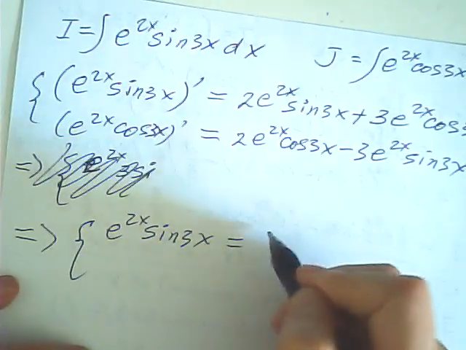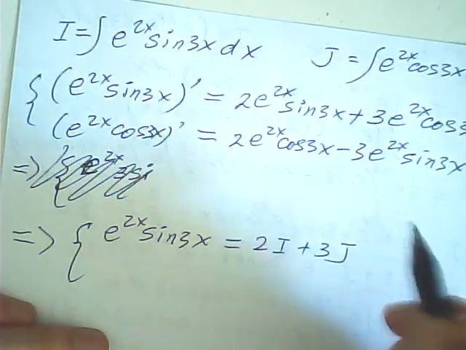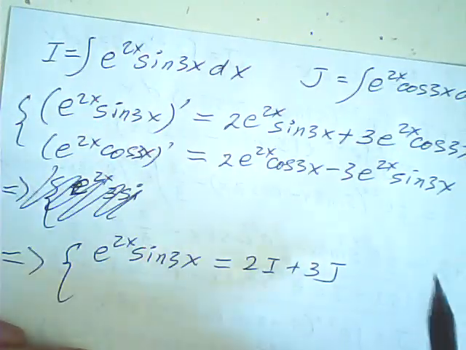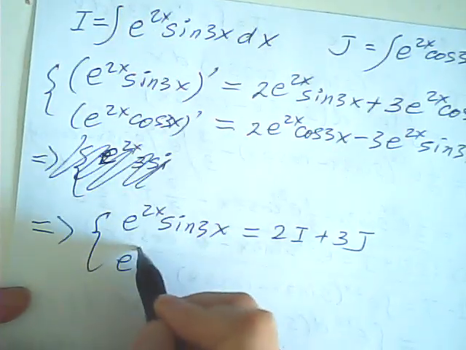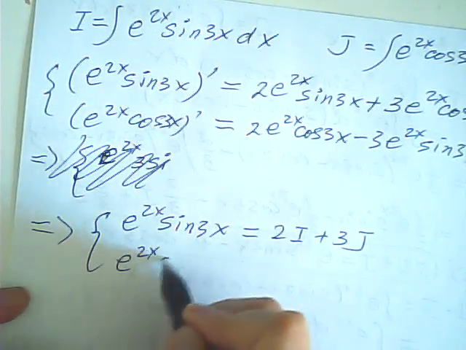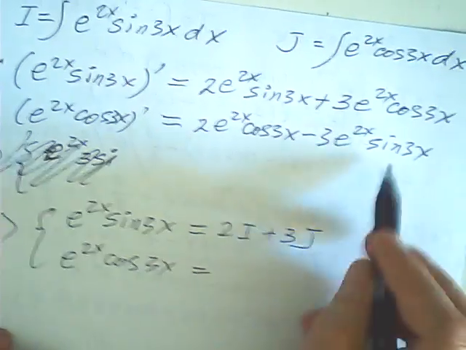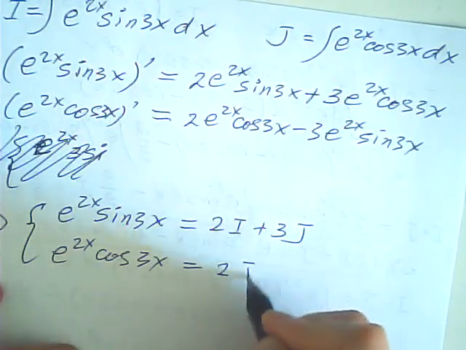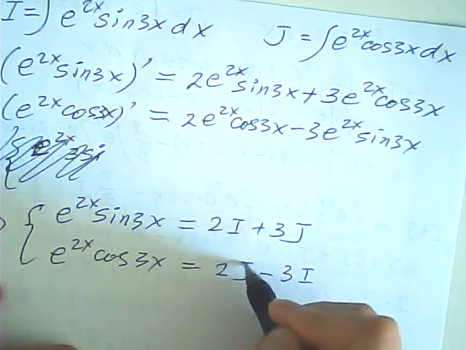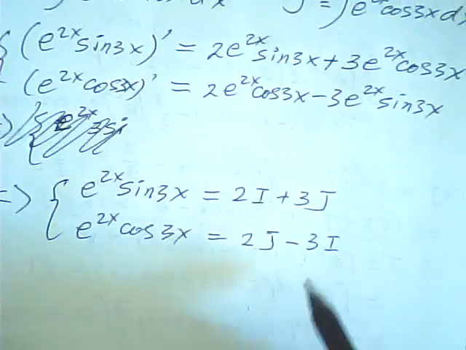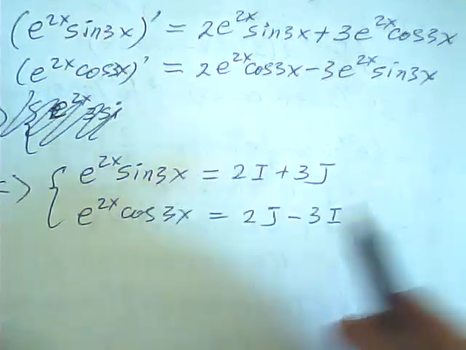This side will be 2I plus 3J, right? This is 2I, this is 3J. And this would be e to the 2x cosine 3x. Integrate with respect to x, that will be 2J. This will be minus 3I. And by solving these two equations, then I get I, right?